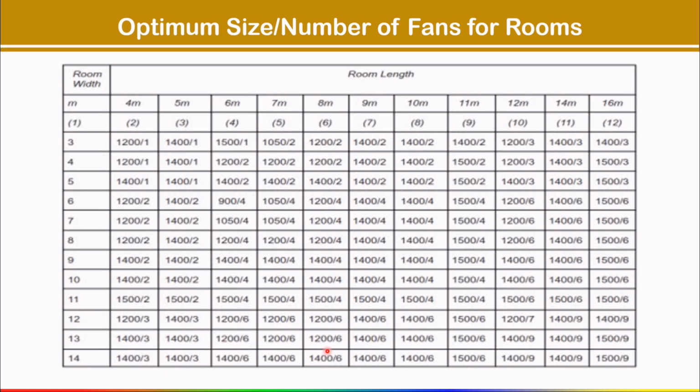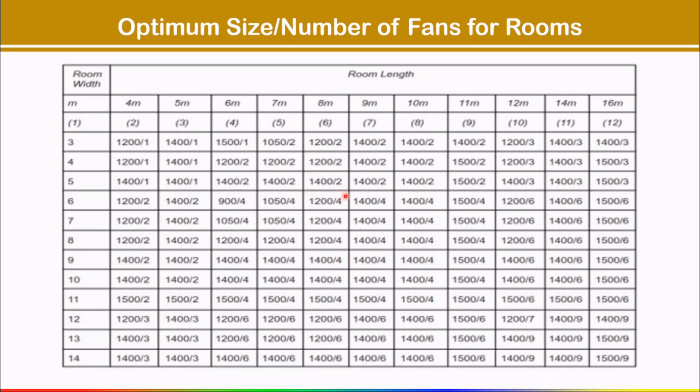Suppose your room length is 8 meter and the width of the room is 5 meter. What you have to do is draw one vertical line and one horizontal line. See, both are intersecting at this point. It means at that time the recommended sweep of fan, the overall diameter of fan, is given as 1400.